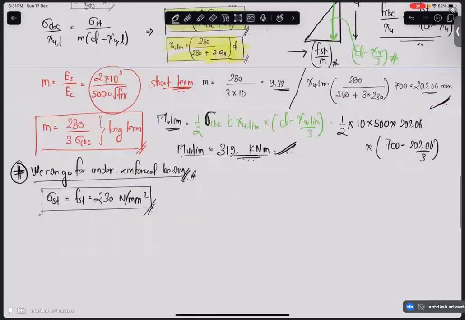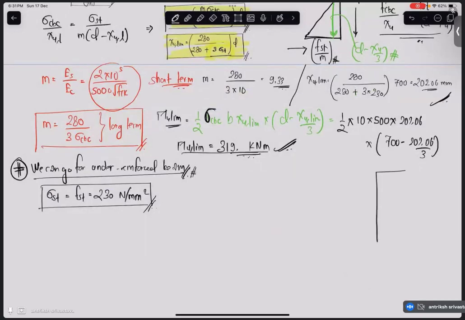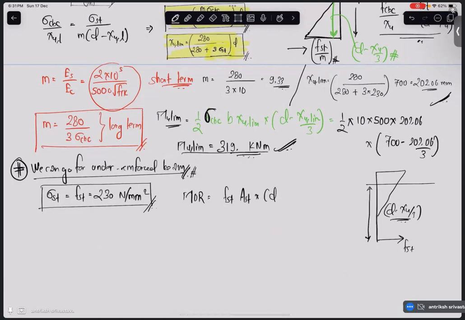Alright, yeah, so in case of steel, again you know that this lever arm is going to be d minus xu by 3, and the moment is going to be fst into Ast into d minus xu limit by 3. So we have 300 into 10 power 6, because we need to convert it to Newton mm.